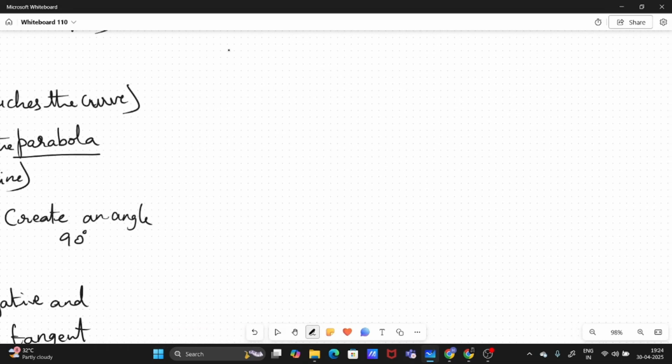Let me derive it using these values, where C is the parabola y equals x square, passing through Q (a, a square).